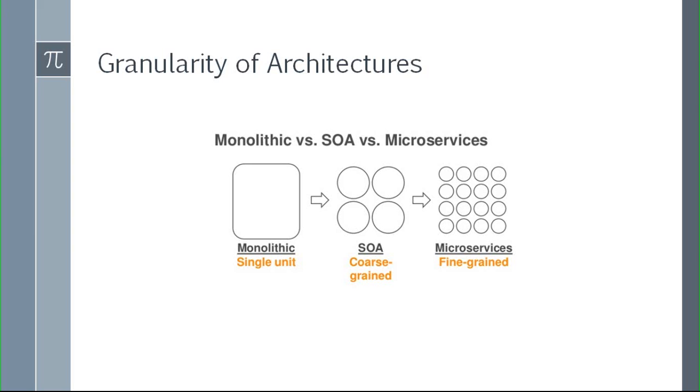So keep in mind that it's not a good approach to divide a monolithic system into a microservice system blindly, because at the end you may have many unrelated services. In a nutshell, microservice architecture is fine-grained and SOA is coarse-grained. Monolithic is a single unit.